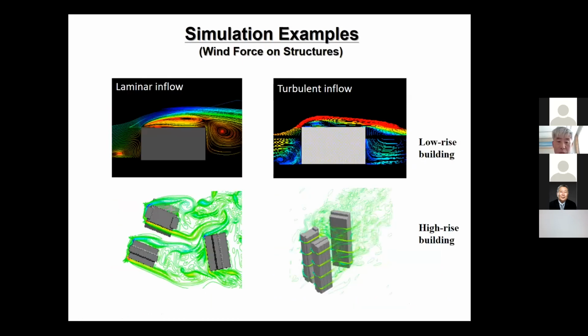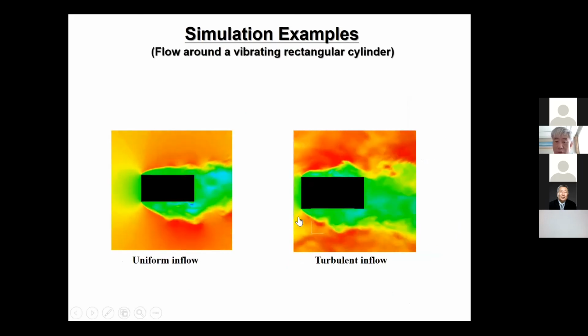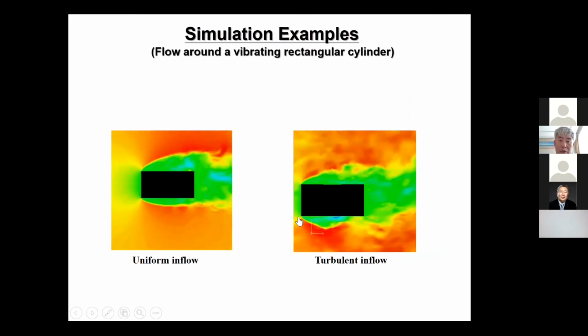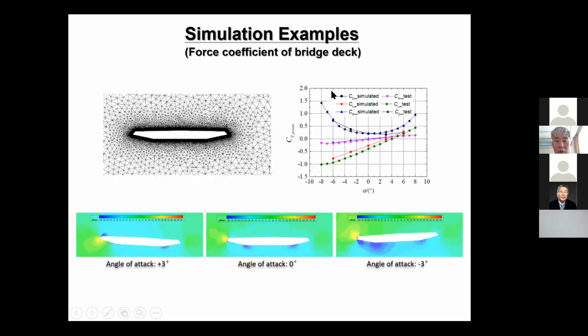For low-rise and high-rise buildings, we can simulate the flow and also the wind force by numerical simulation. And also for some vibrating cases, if you do some fundamental study, for a rectangular cylinder, and also for the bridge, we can do such analysis with some safety technique to simulate the flow and the force. And this is for the bridge deck.